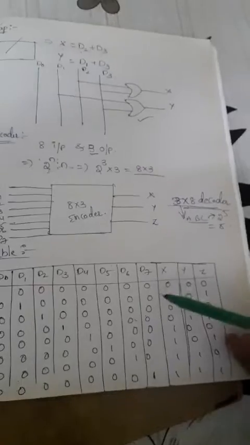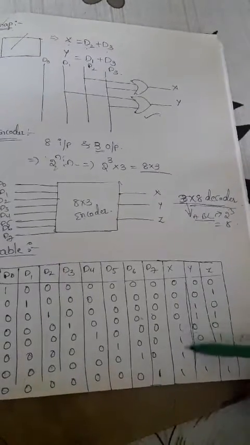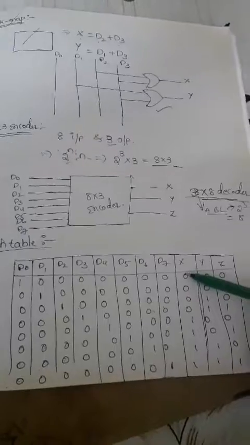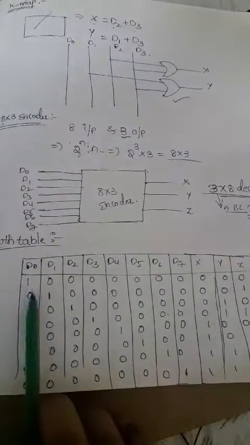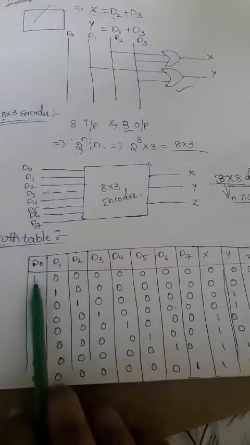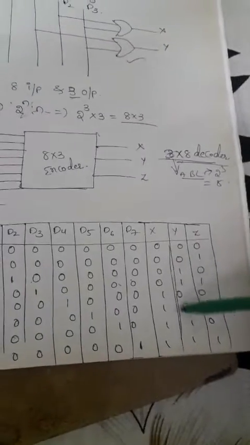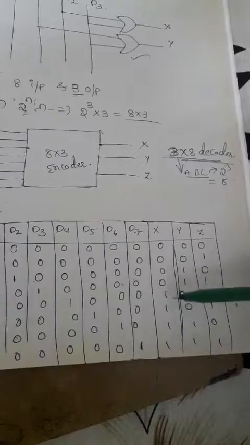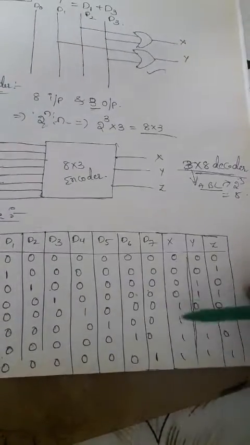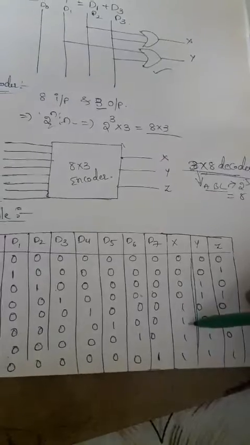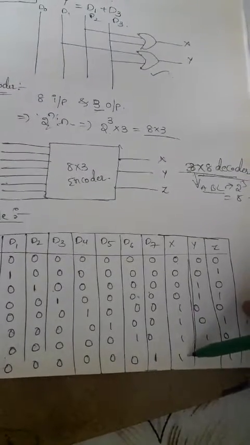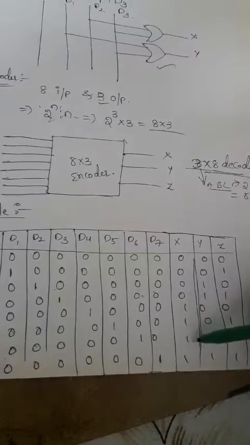Now we will write the Boolean expression for X, Y, Z. No need to use a K-map, because D0, D1, D2, all the input lines have single ones. Directly, with respect to each output line, you can enable the inputs. For X, the 4th, 5th, 6th and 7th inputs are enabled, that means D4, D5, D6, D7.